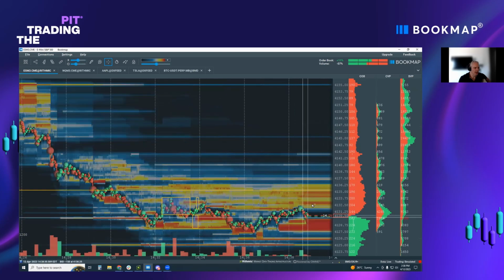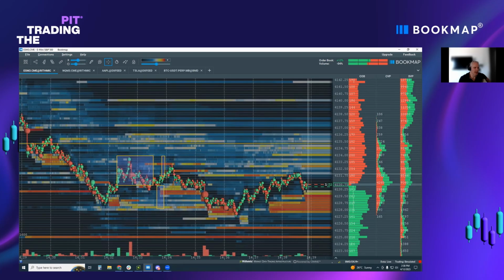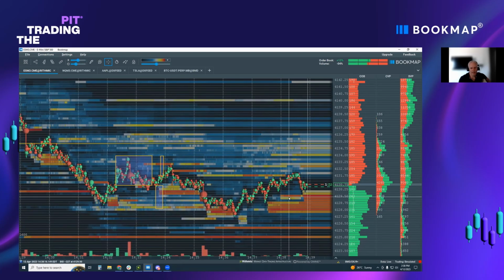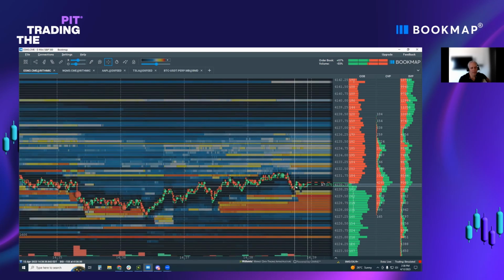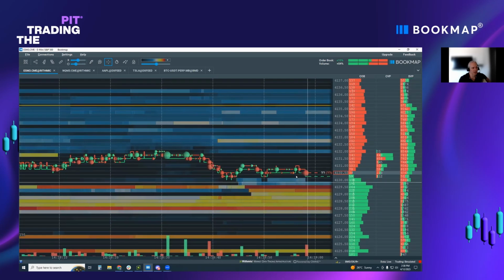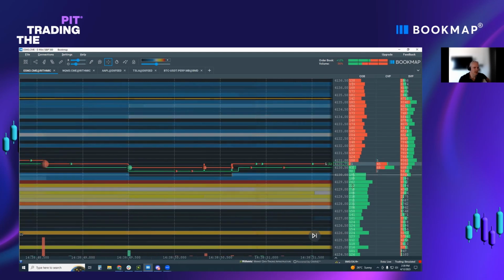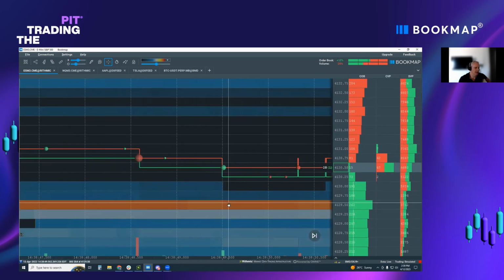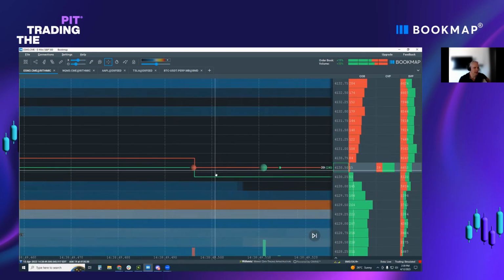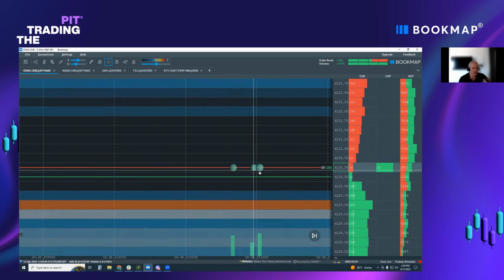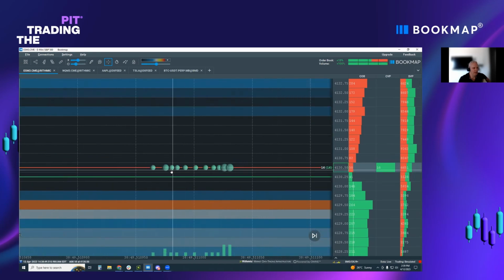Anyway, what we're talking about here is just understanding the auction. We're looking at a very low time frame here. We can really zoom in and look at a micro structural time frame. In fact, we can zoom in Bookmap to look at nanosecond resolution if you want to do that. You can see every single transaction in the order book here.